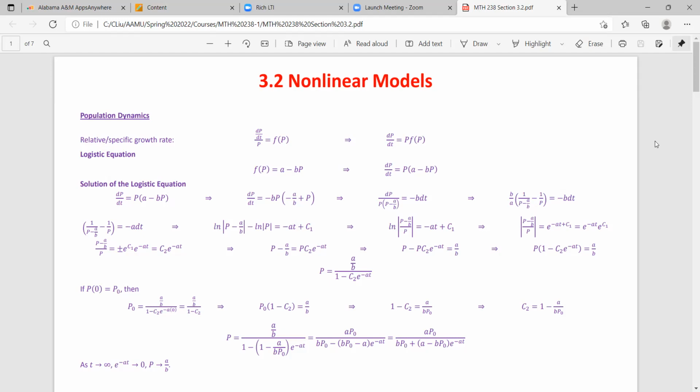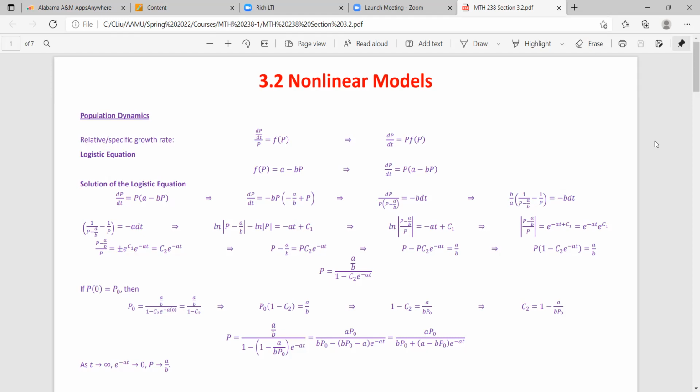So we got P0 times (1 minus C2) equals A over B, and then you just divide by P0 on both sides and solve for C2. So 1 minus C2 equals A over B P0, and C2 is just 1 minus A over B P0.